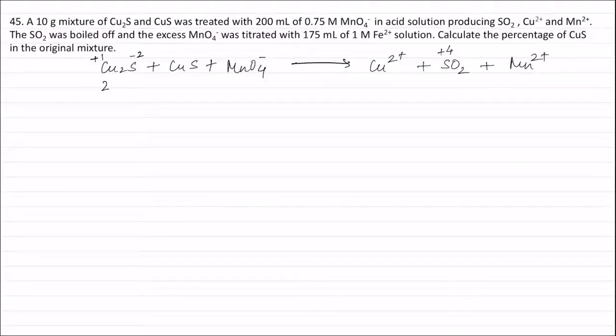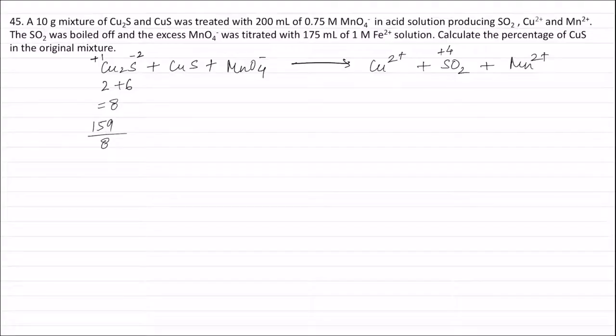Therefore, change in oxidation number of sulfur is 6. Therefore, in Cu2S, the total change in oxidation number of copper and sulfur is 2 plus 6, and this is equal to 8. Therefore, equivalent weight of Cu2S will be molecular weight of Cu2S, that is 159 divided by 8.